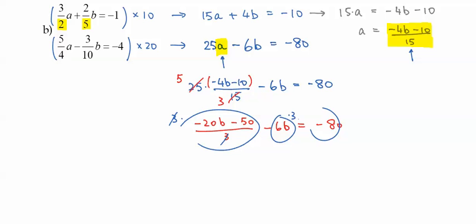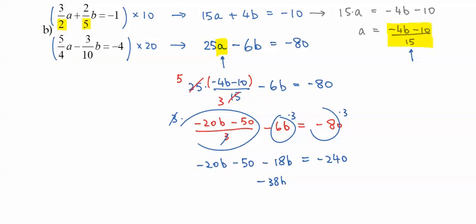If I'm to times it by 3, that would give us 18b. If I'm to times it by 3, it would give us negative 240. Once I times everything by 3, the denominator will be gone, giving us a better equation to solve.